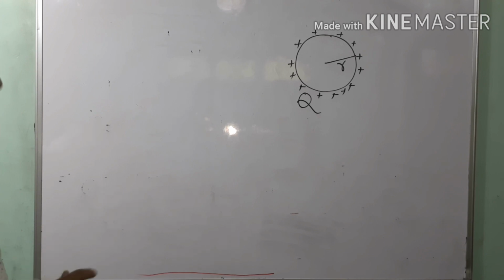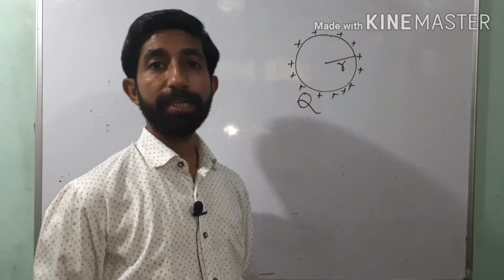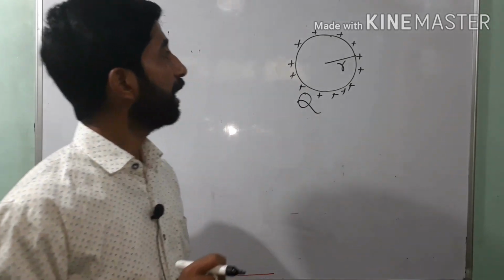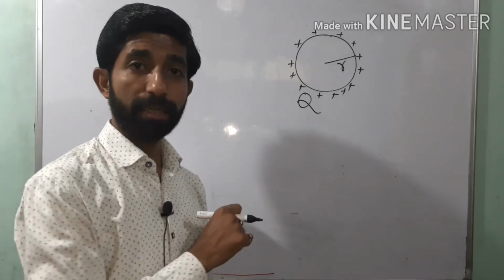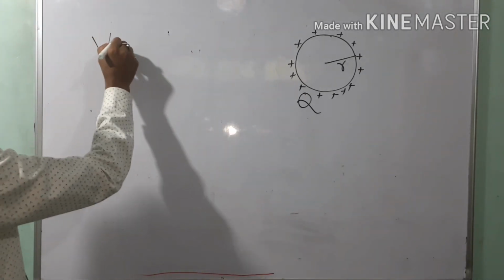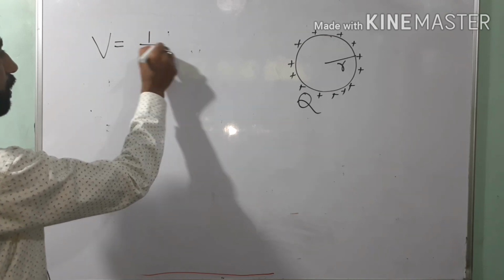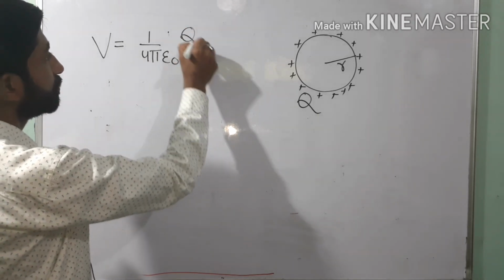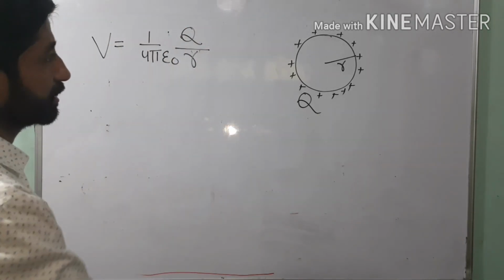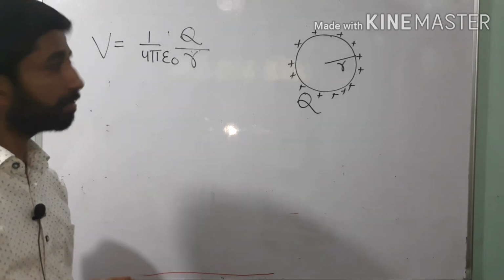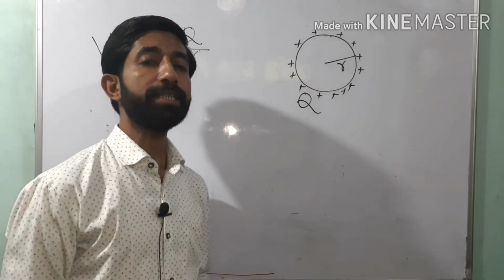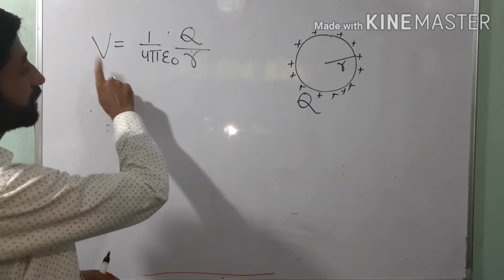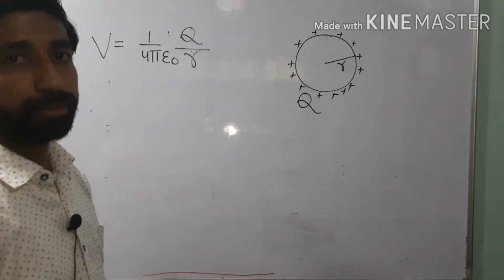So by providing charge, we increase its electrical potential, and the potential at the surface of that conductor is given by V is equal to 1 upon 4 pi epsilon naught times charge over its radius, q over r. This is the simplest formula we studied in the previous lectures. So we see that its potential rises proportionally to the charge given to the body.